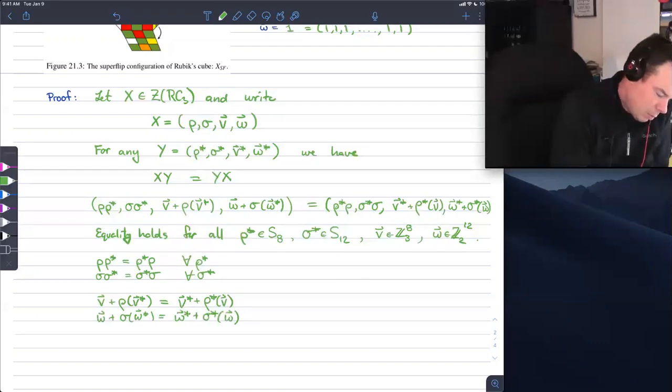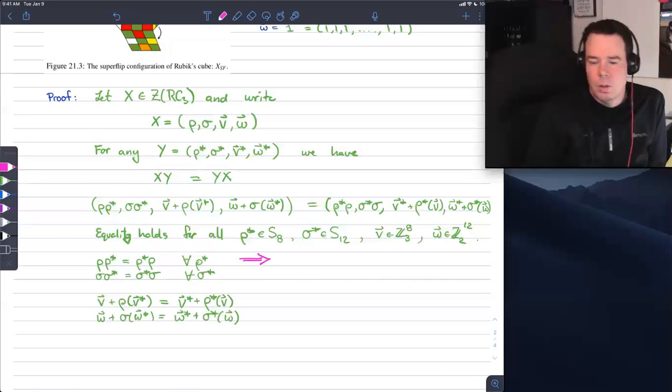Here are our big observations. Rho star and rho have to commute. Rho is some fixed permutation. Rho is the permutation for whatever element I'm considering in the center, of which I don't know what they are yet. That's what I'm trying to prove. But rho is fixed.